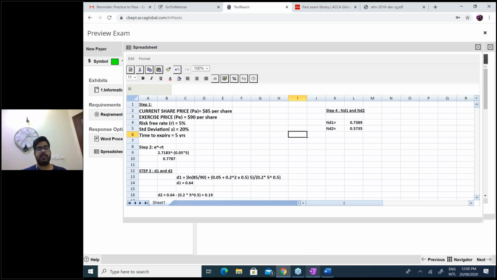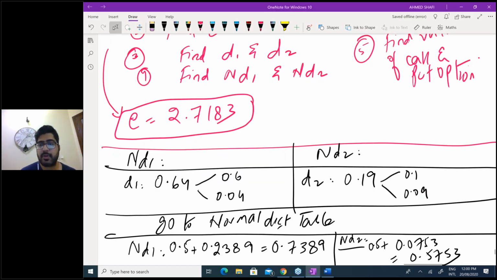Any questions with ND1 and ND2 or in the first 4 steps? The exercise price is given as 90 per share.